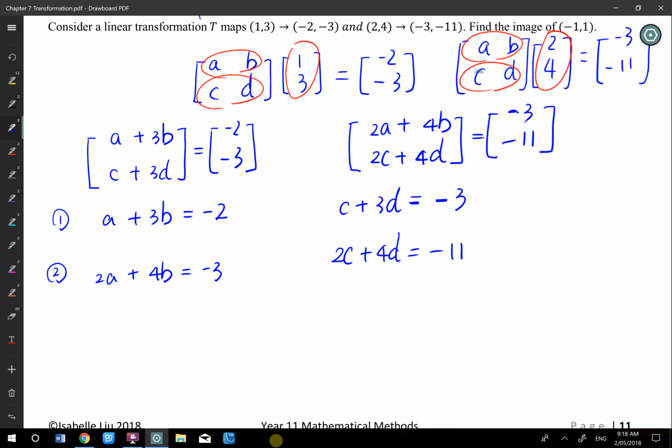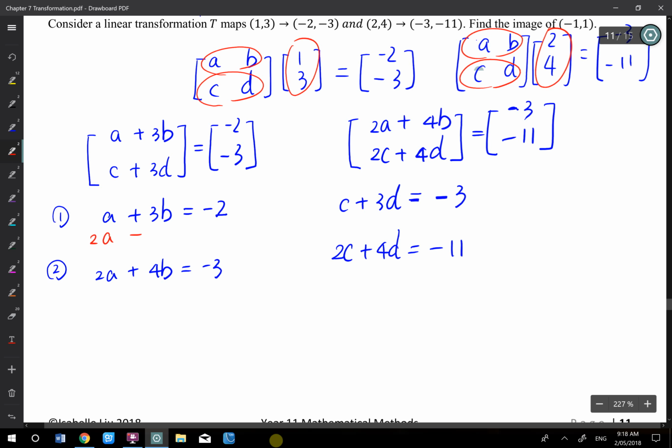So to solve that, have 2A plus 6B equals -4. So 2B equals -1, B equals minus half.